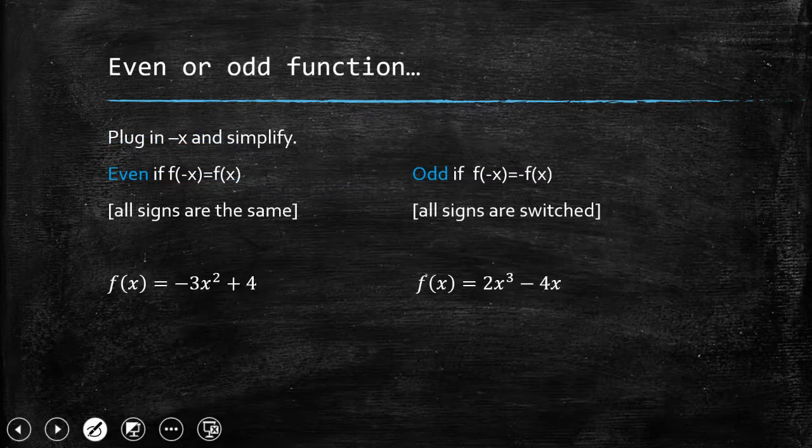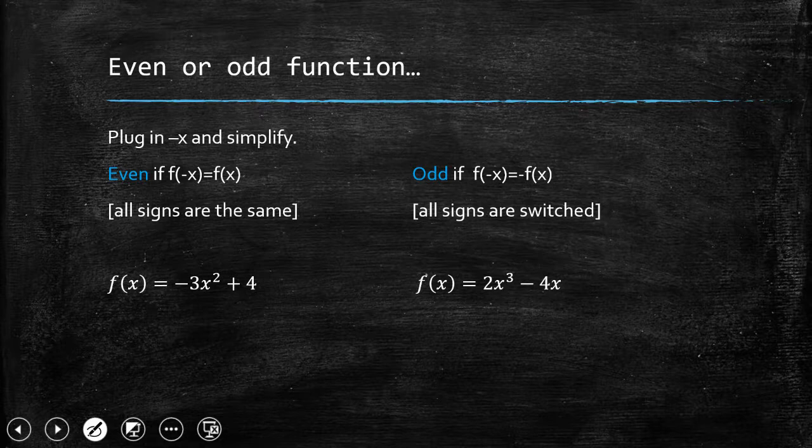All right, even or odd function, how do you know? So you always just plug in -x and you simplify it. If you get what you started with and all the signs are the same, it's an even function. If you get the opposite of what you started with, so all the signs are switched around, it's an odd function, okay?